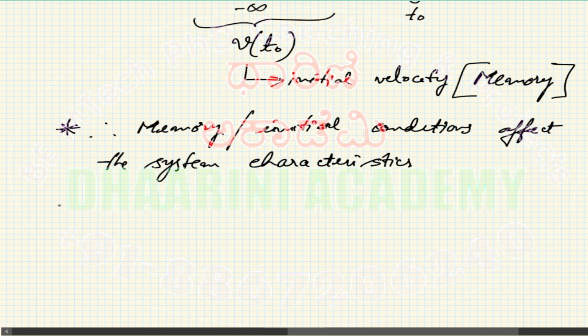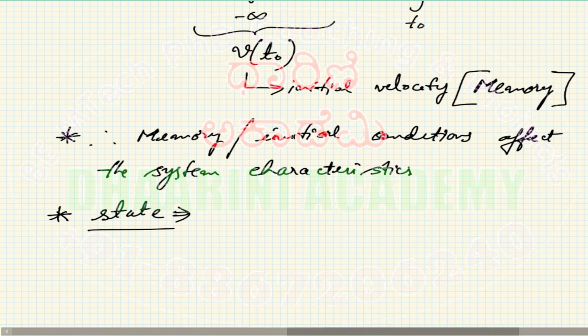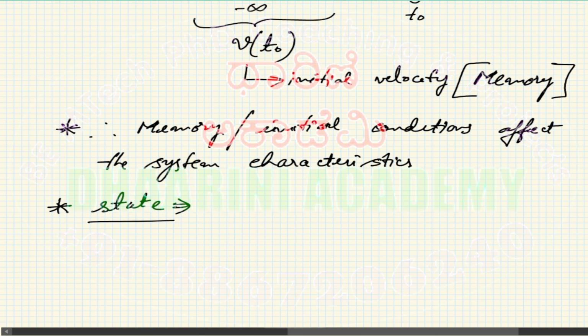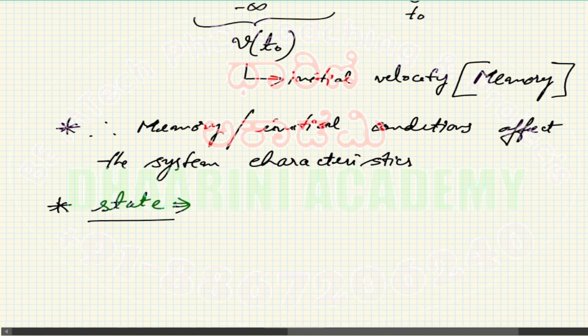I will try to define the state. The state is a compact representation of the past history of the system. Though you are considering the values from minus infinity till some value t naught, the whole thing you represent as v of t naught.